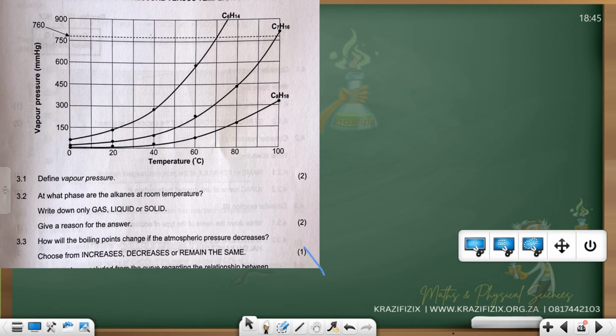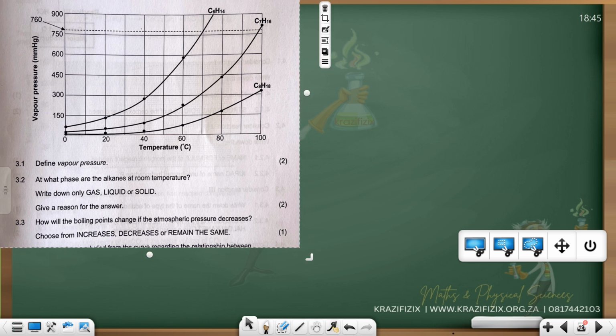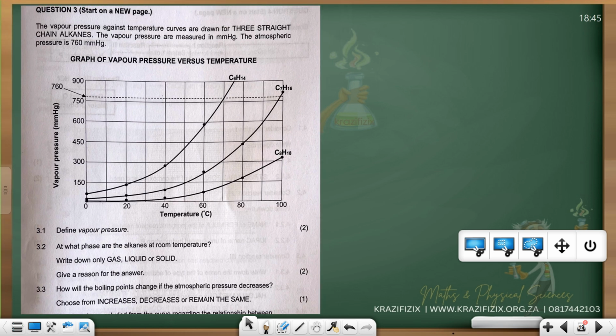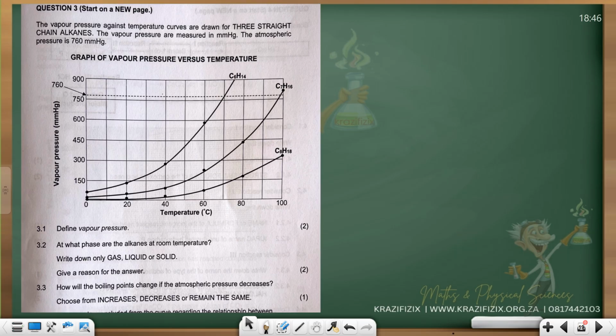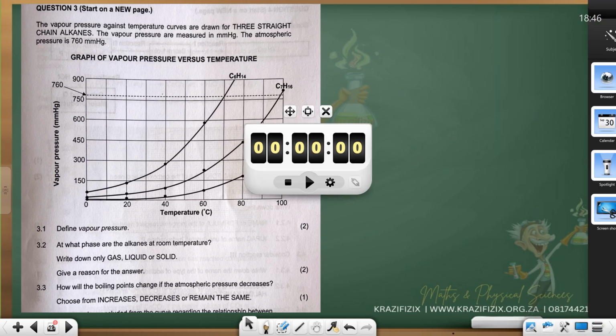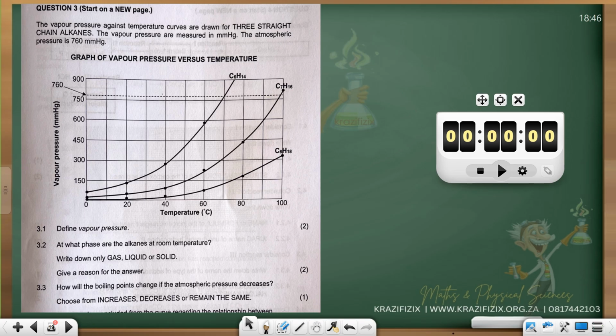This one I won't give you that much time. Apologies for the dirtiness of the paper. Okay, read through, try to answer. You are trying to remember.